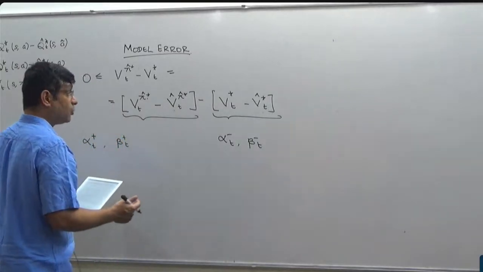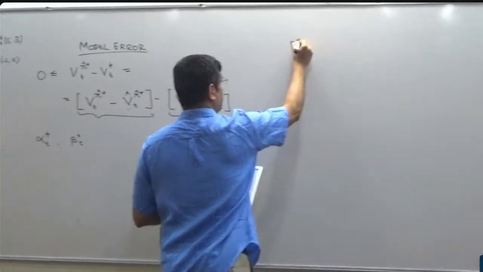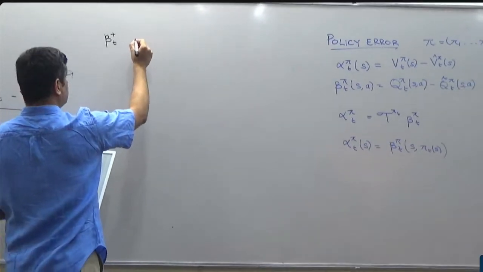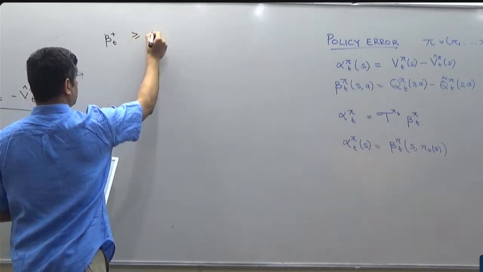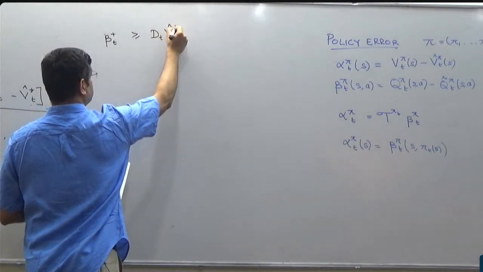Right. So what I want is beta plus t to be greater than or equal to dt of v hat star t plus 1.